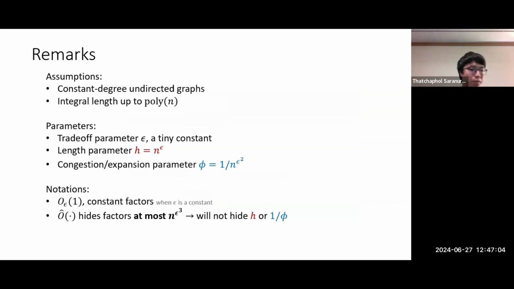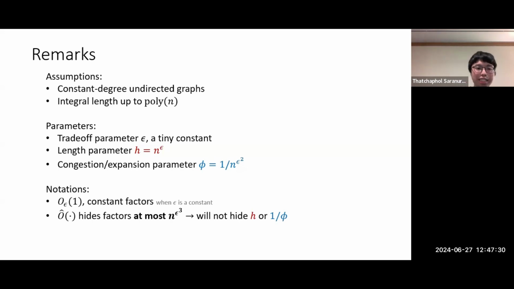There are three important parameters that appear everywhere in this talk. The first one is the trade-off parameter epsilon, which controls the trade-off between the approximation and the update time of the final distance oracle. You should always think of it as a tiny constant. The second parameter is the length parameter h, and I will set it to be n to the epsilon.